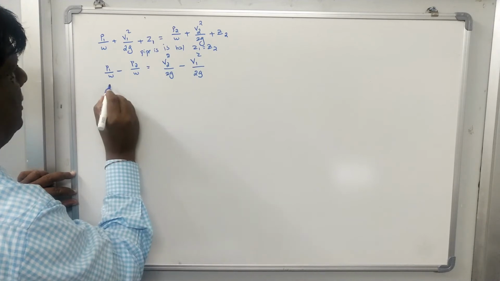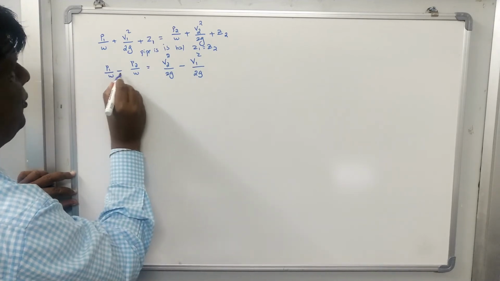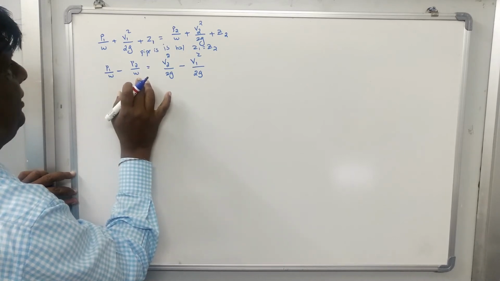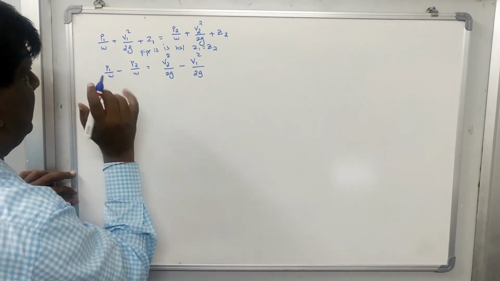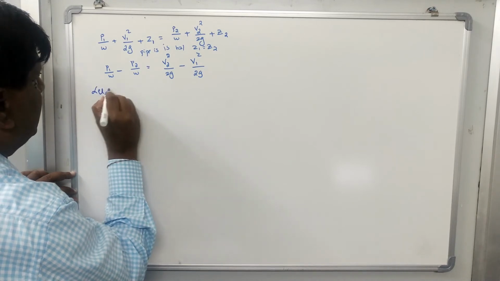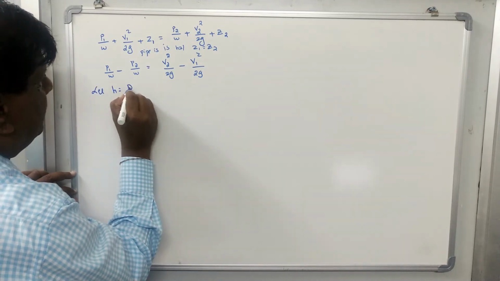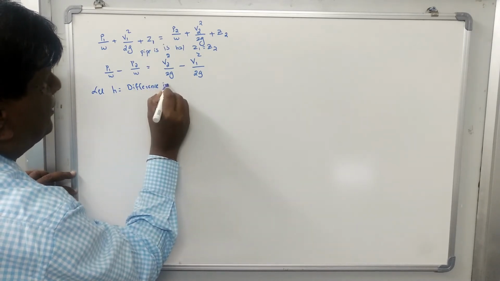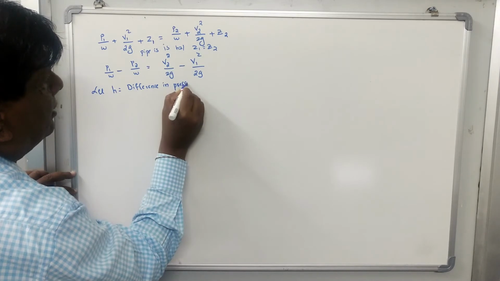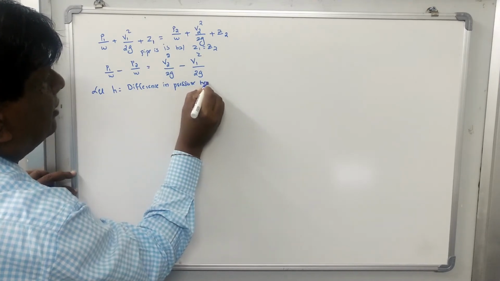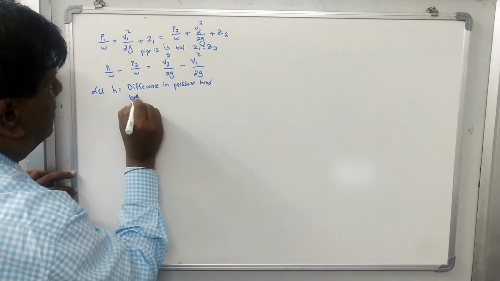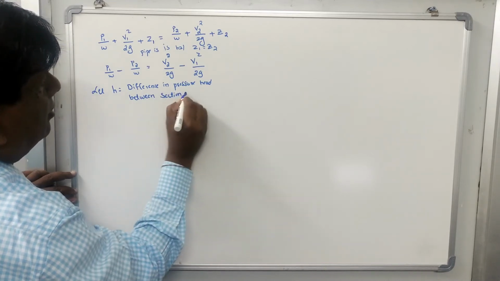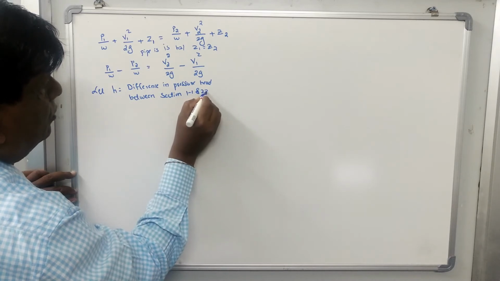Okay, so what is this P1 by W minus P2 by W? This is the difference in pressure head. Let H be the difference in pressure head between section 1-1 and 2-2.